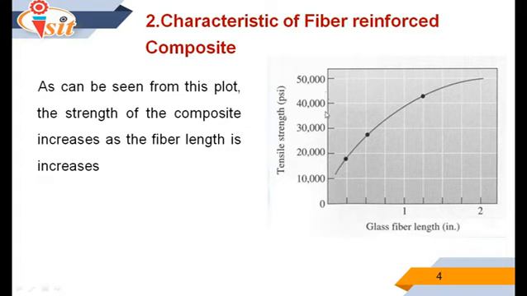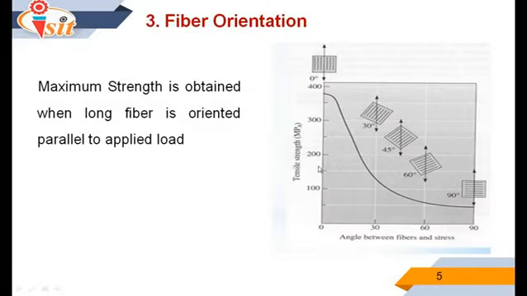Whatever the strength of this composite, it increases when the fiber length increases. Along with the length, you can see the strength of the glass fiber increasing. Then this graph gives you an idea about the fiber angle orientation.